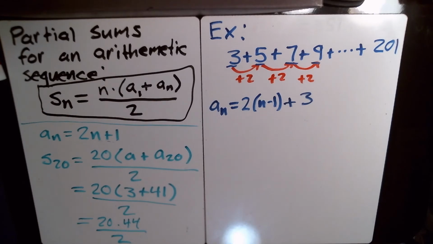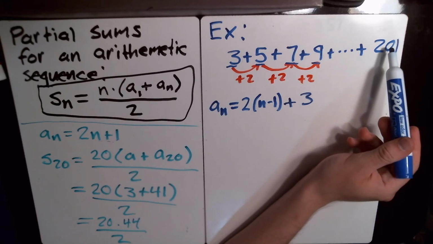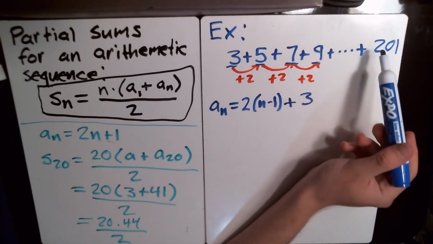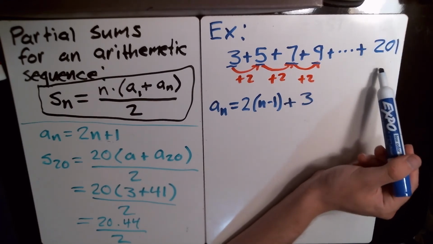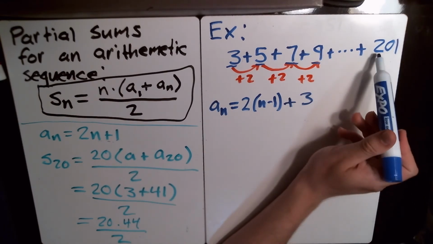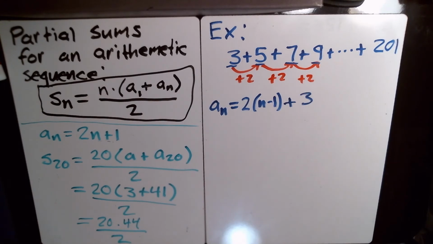Now we want to find a sum of these terms, but we don't know how many terms we need to add up. We know that we're going to stop here at 201, but what is n when we reach 201 is what we really wonder.